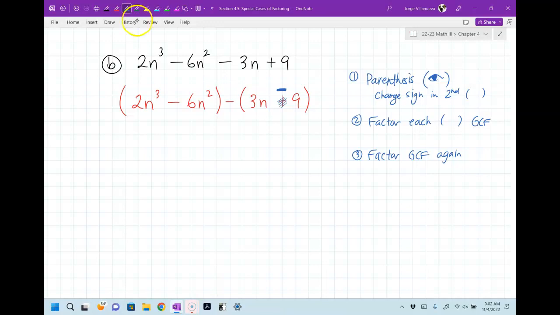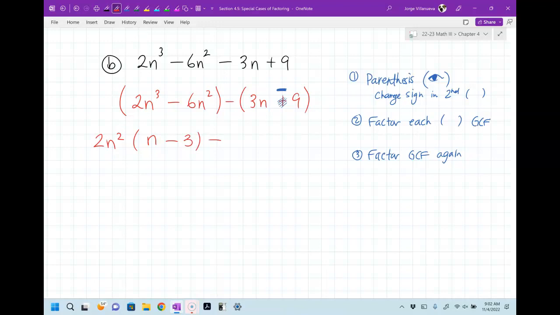Okay, next step says factor each parenthesis, right? Using the GCF. So what does 2n cubed minus 6n squared have in common? A 2 and what else? An n squared. So 2n squared. So what's left over? Well, it's going to be an n minus 3.